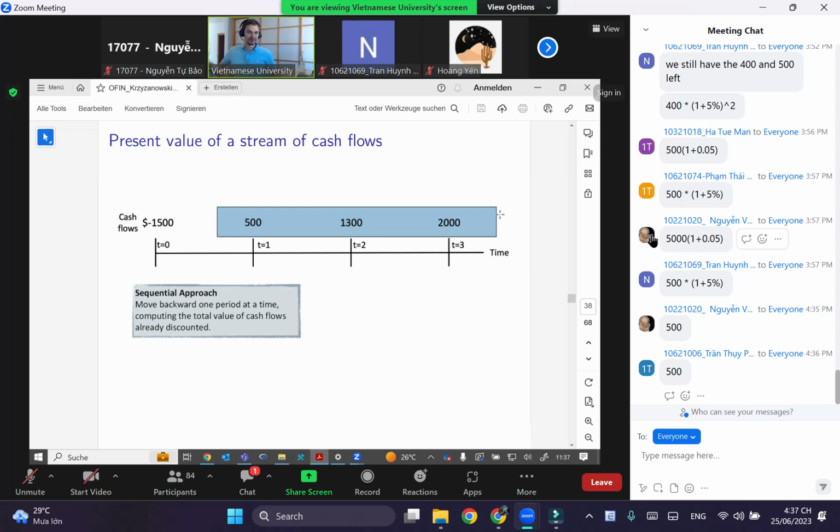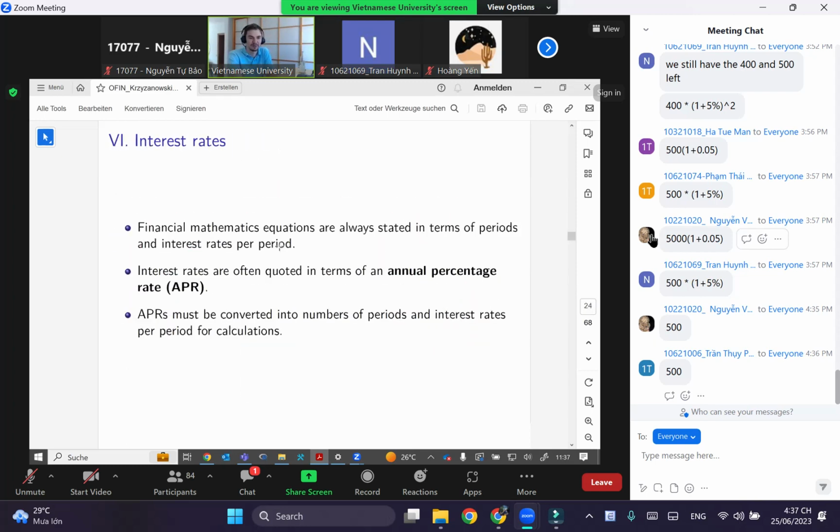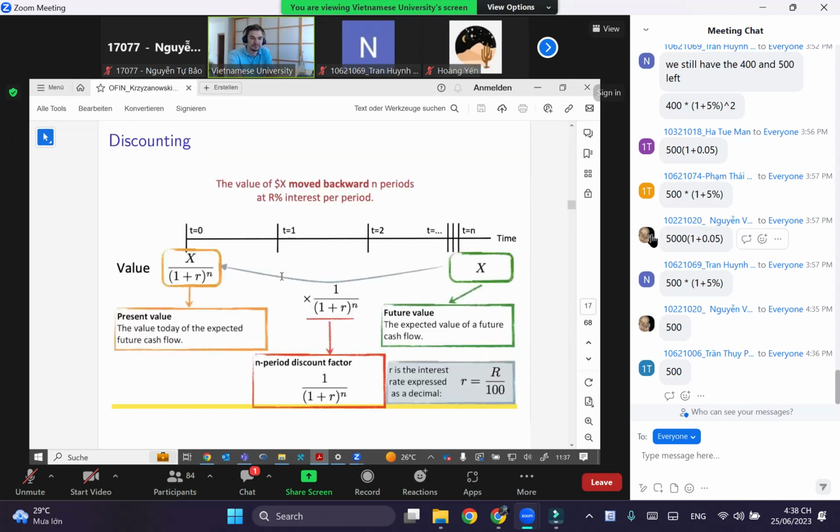So this is a question of discounting, as you correctly said. So let's go back to our discounting slide, in order to calculate, for a certain monetary amount X, the present value at time 0.